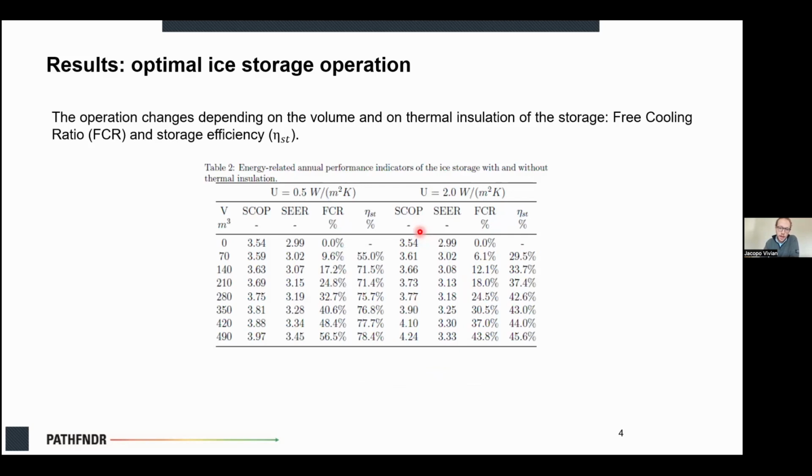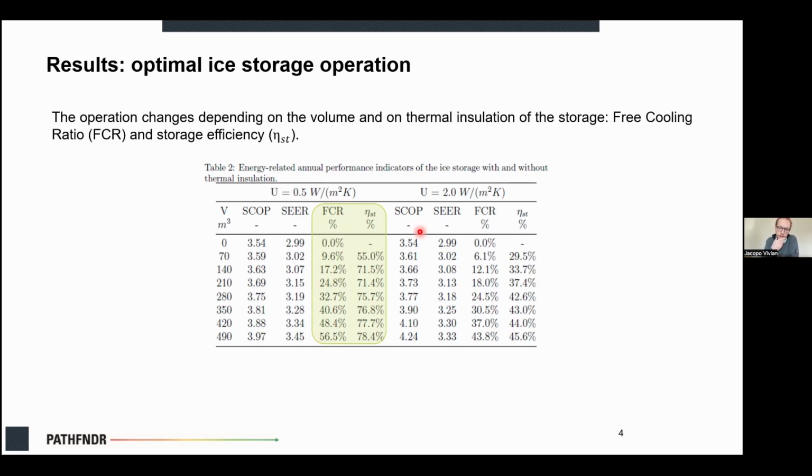If we look at the overall performance of ice storage systems over the year, we can do it using 2 indicators. The free cooling ratio, that is the ratio between the free cooling supplied to the building and the overall cooling demand of the building, and the seasonal efficiency of the ice storage itself.